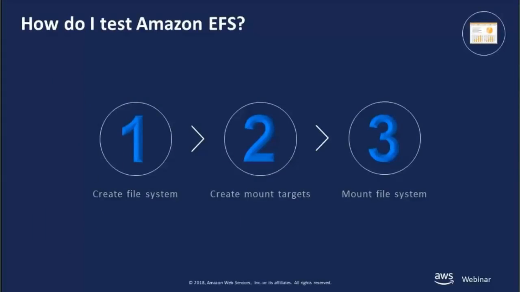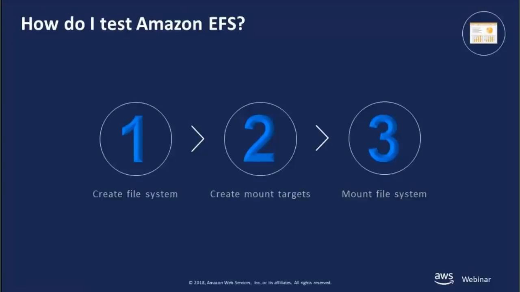So how do we start testing? Really, testing Amazon EFS is very, very simple. The first step is you create a file system. You can do this using a couple of clicks through the management console or a couple of API calls, and a file system is quickly created. Once that file system is created, you would create mount targets.